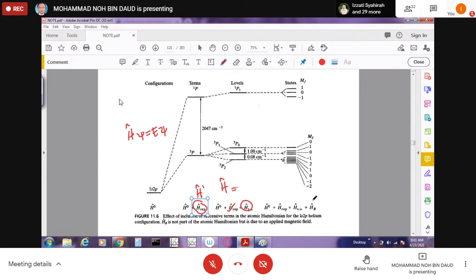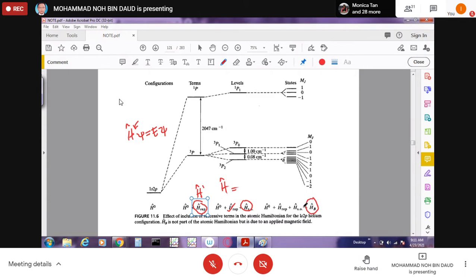In these examples, we introduce the magnetic fields. So once we introduce this, we must include these perturbations in this Hamiltonian operator.